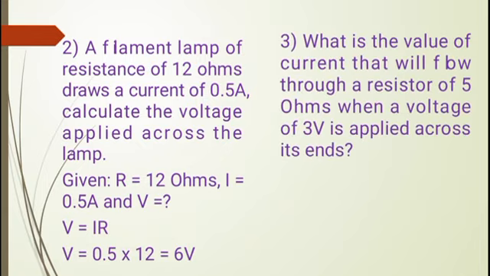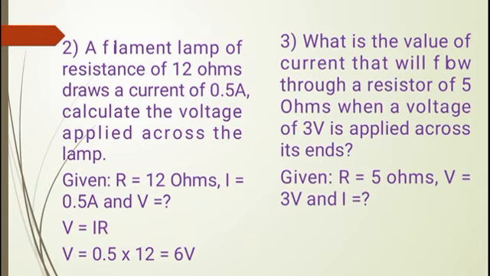In our example 3, the question says, what is the value of current that will flow through a resistor of 5 ohms when a voltage of 3 volts is applied across its ends? In this one, we have a resistance given as 5 ohms and the voltage at the source given as 3 volts.